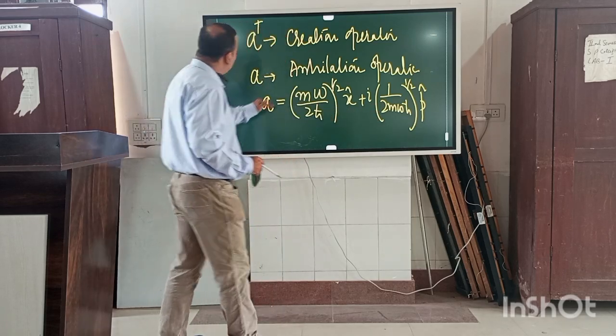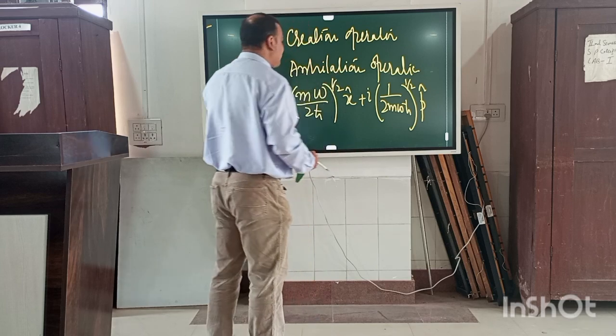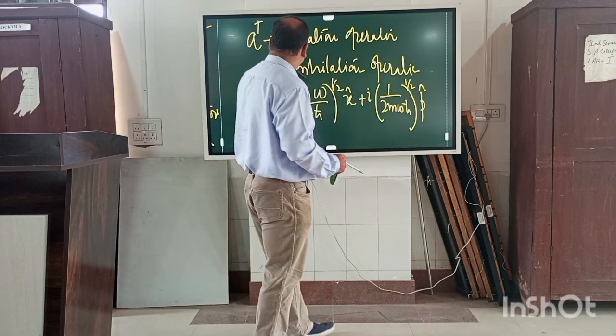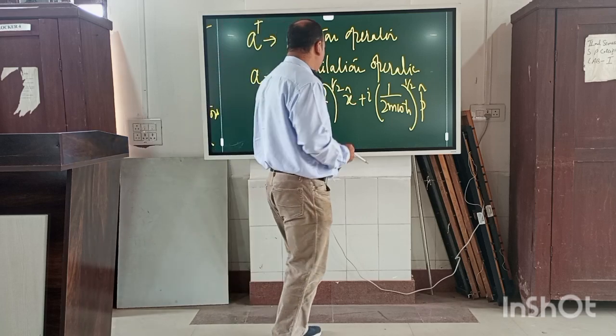And I can write down the creation operator from this equation. All I have to do is to take the dagger, and for dagger I have to change the sign of the complex part of this equation.